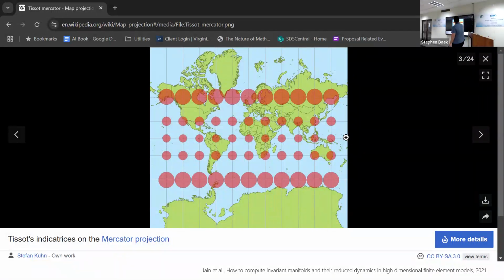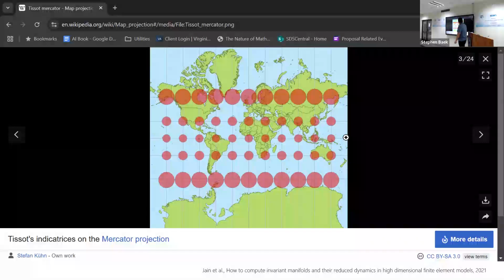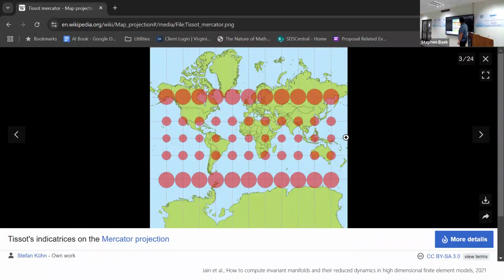Countries like India, closer to the equator, are relatively well represented, whereas places like Greenland, this is actually much smaller. Same thing with Russia. Russia looks very big, but in terms of the size, they're not that big compared to countries like China or the U.S. Canada also got distorted quite a bit, right?